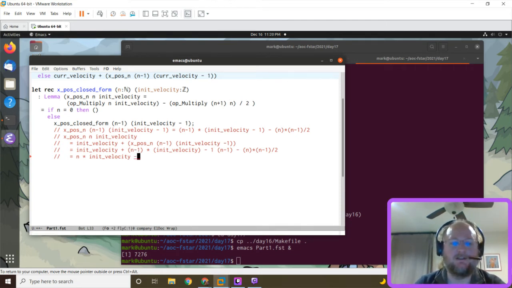So what is that actually equal to? It's minus n plus 1, no, it's equal to minus n plus 1 times n minus 1. That's not right.